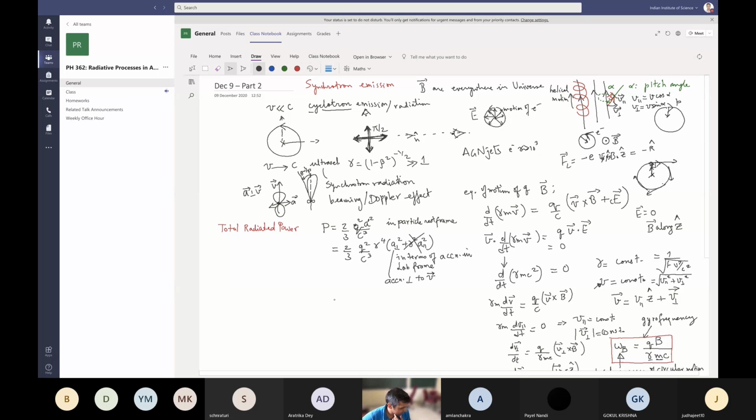So what we have is power is equal to, and we always want to write it in the lab frame because that's the frame in which we measure quantities, 2/3 q squared by c cube gamma to the 4 times A perp squared. What is A perp?